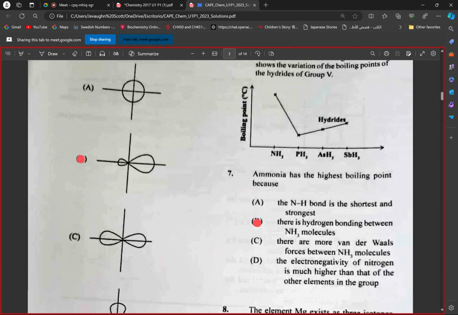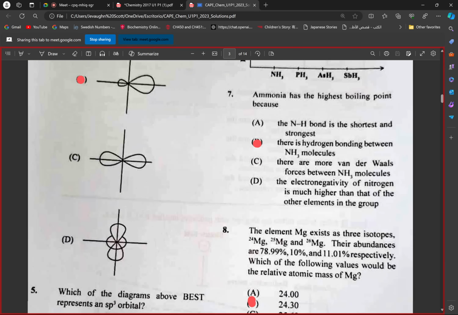B is sp3, C is P, and D would be either a general sp, or if it was a loop in the middle, then it would show one of the d orbitals.